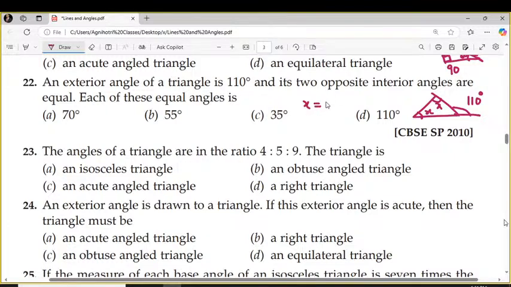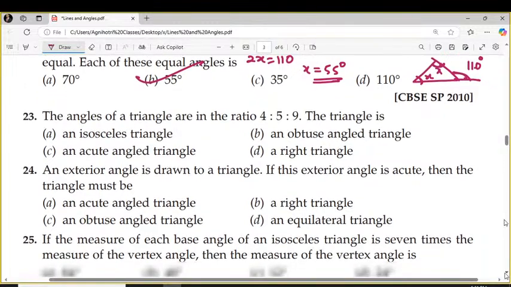Yeah, it should not be 35, it should be 55. How, sir? Because exterior angle is equal to the sum of interior opposite angles. That's why this x plus x is 110. Okay, makes sense.